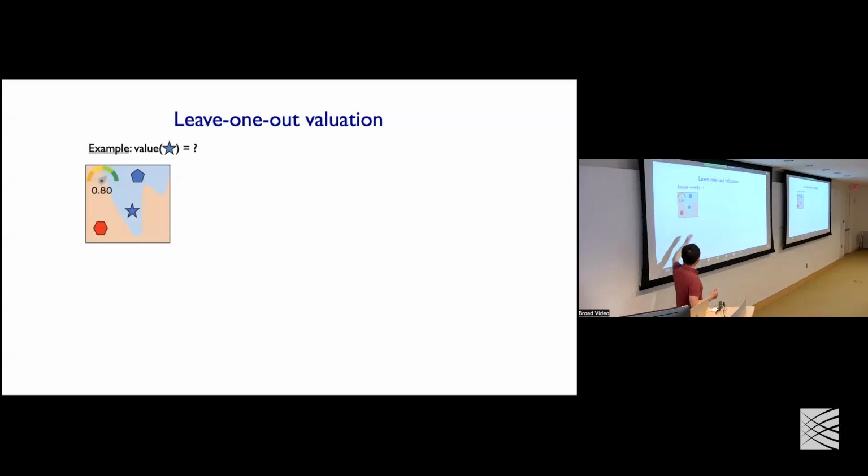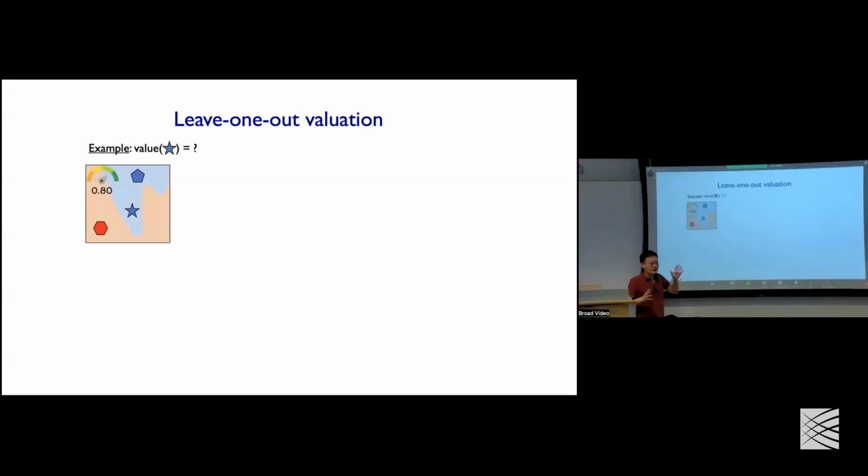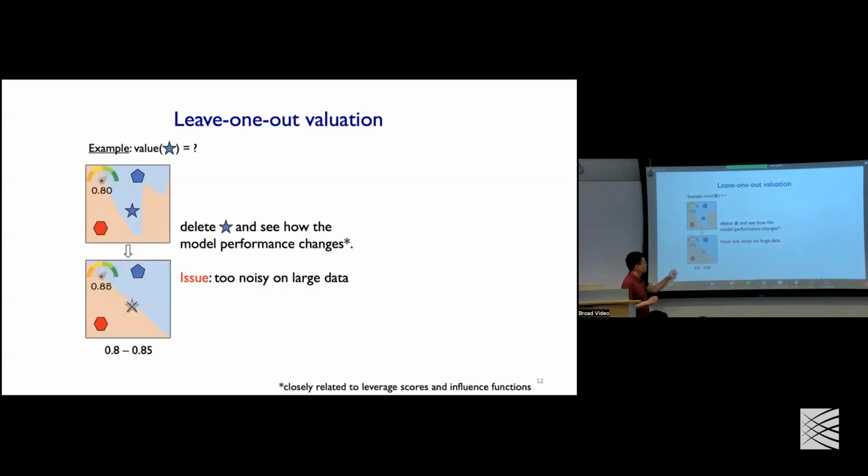What I can do is train a model using all of the data, and the shading here indicates the decision boundary that the model learns. Then I can leave out the point I'm interested in and retrain the model and see how the decision boundary changes. I can use this to quantify the influence or the impact of this point of interest. Does that make sense?